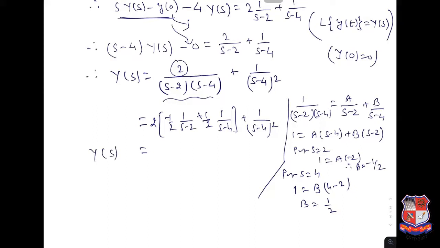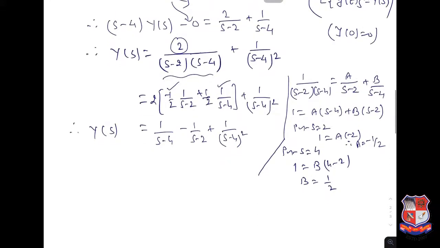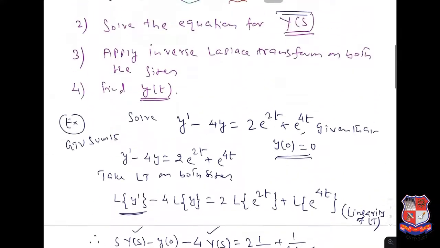So therefore Ys is equal to, now these two cancel. So I write this first, 1 over s minus 4, then minus 1 over s minus 2 plus 1 over s minus 4 square. So this is the third step, solve for Ys.